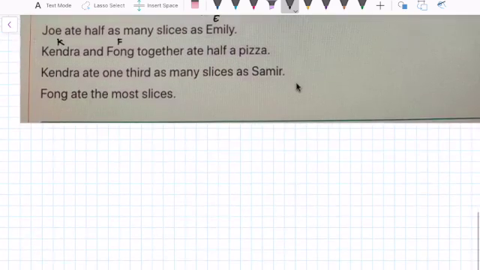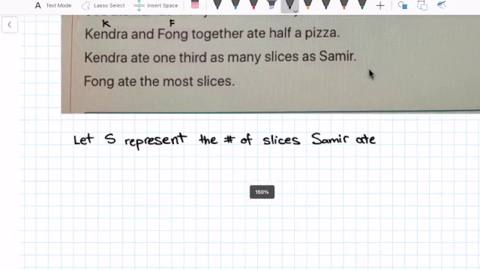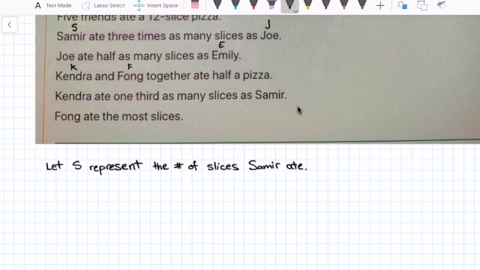So maybe I'll show you one example. What you guys would write down is let S represent the number of slices Samir ate. And you would do this with each one of the friends.